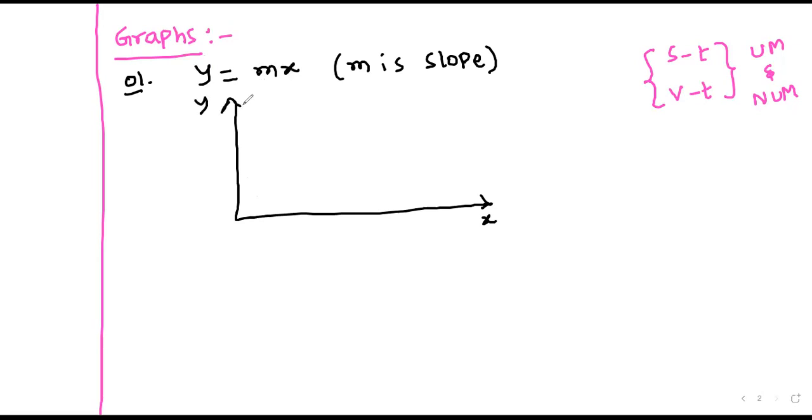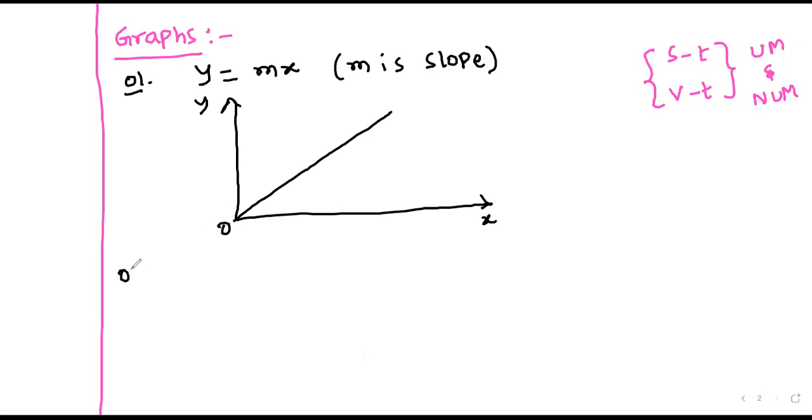So the shape of the graph is a straight line passing through origin. Here slope is positive.